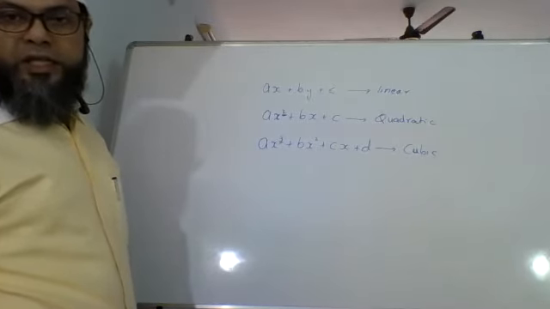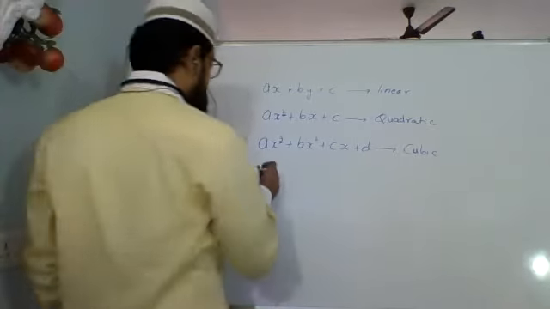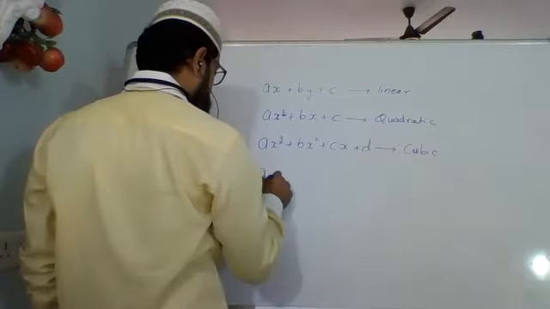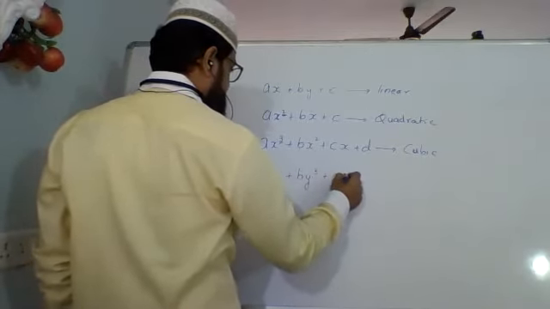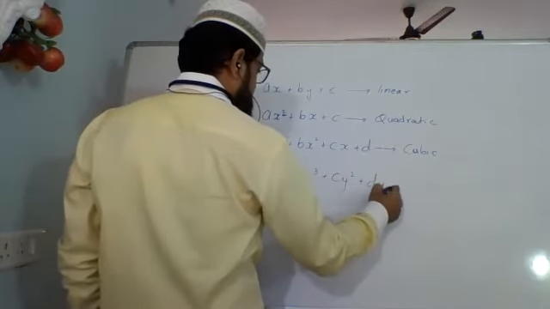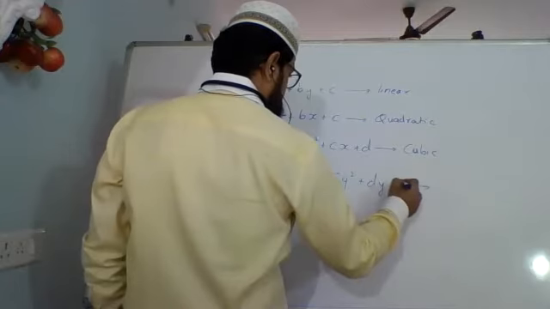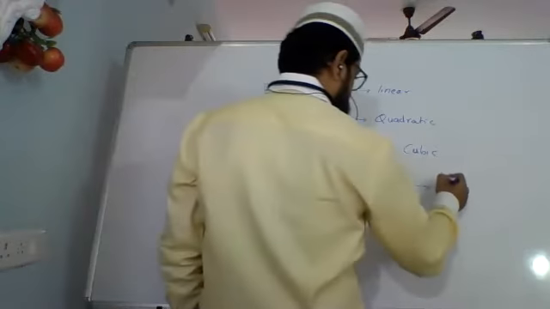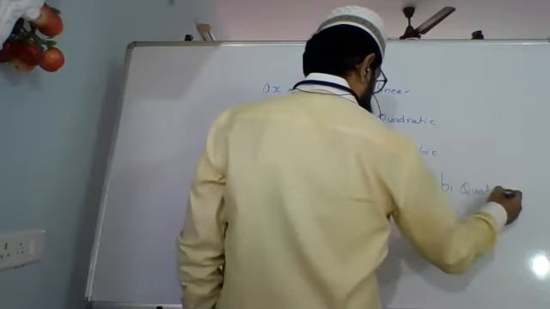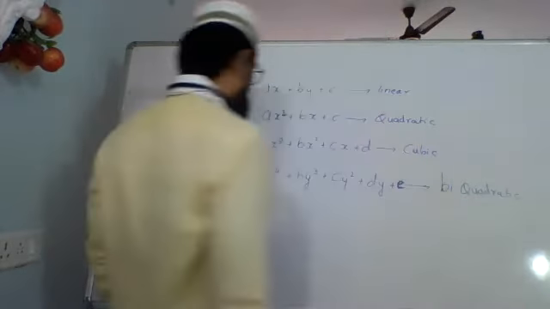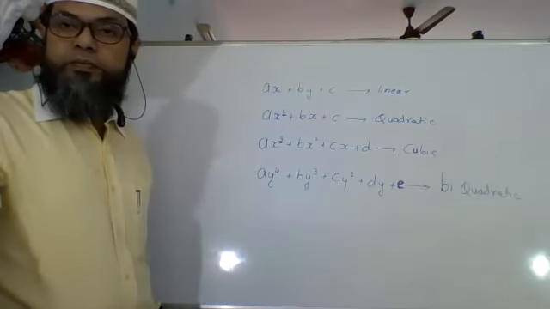And we can have something like ay to the power 4 plus by cube plus cy square plus dy plus e.